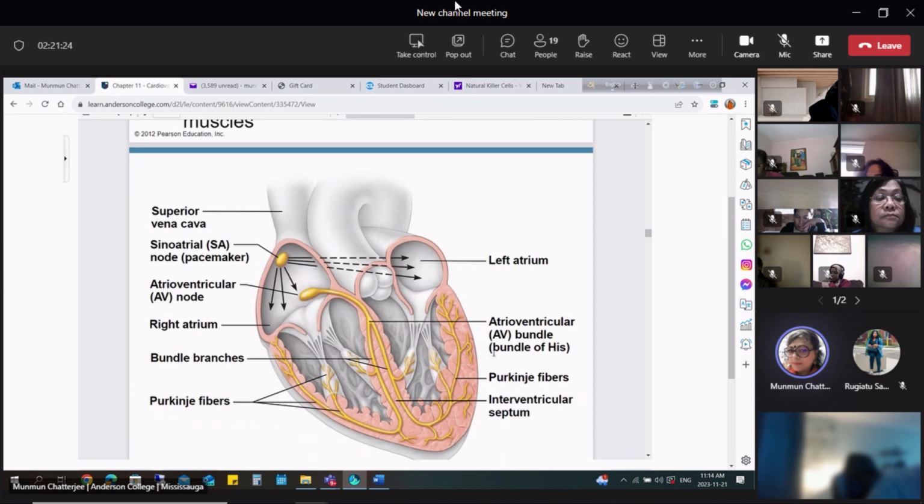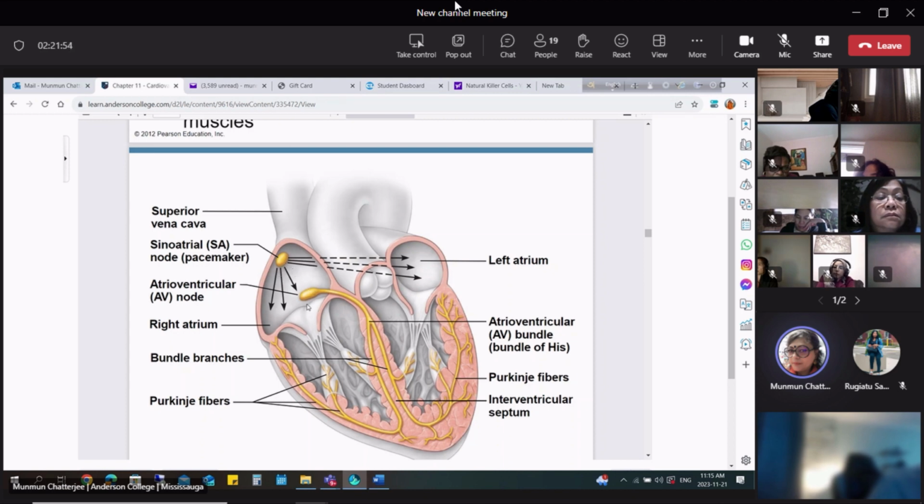So see here. In the right atrium, at the top right corner, is the pacemaker, the SA node, or sinoatrial node.